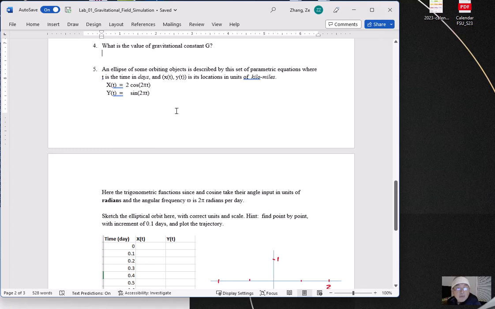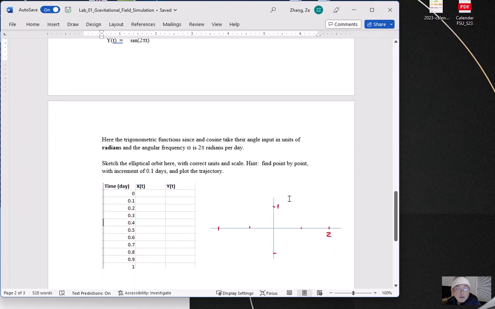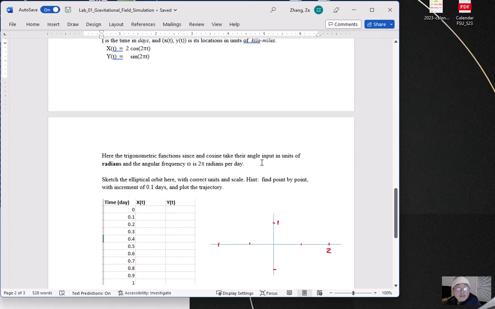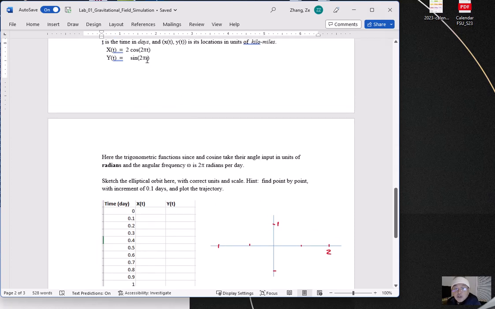And the last question, I will talk a little more about this. That's if you describe how an object around Earth actually follows an orbit. If you draw the x and y directions, both x and y are changing with time, so that you have a trajectory. This is called parametrized equations. If you calculate this using your calculator, set the angle to radians instead of degrees.